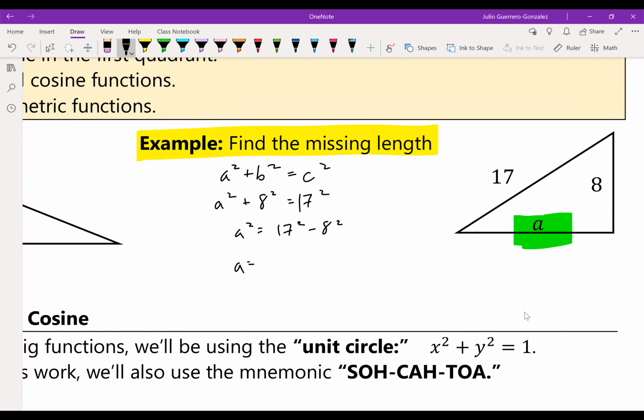So a has to be the square root of 17 squared minus 8 squared. 17 squared is 289, minus 64.